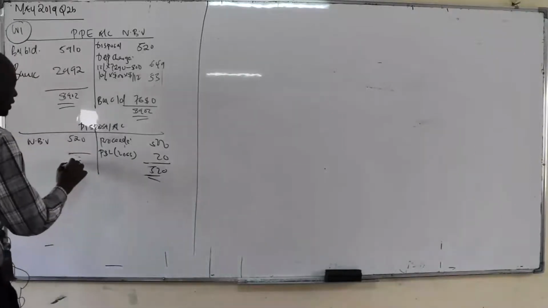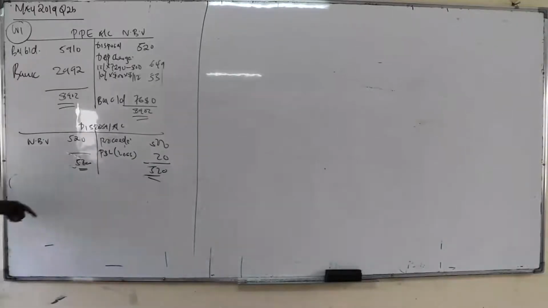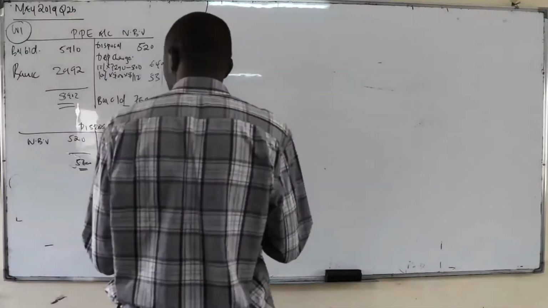This 520 is the value at which they had the asset that was sold in their books. But they sold it at a loss of 20, isn't it? So meaning they sold it for how much? 500, isn't it? Yeah. So now I think we can make our cash flow statement.